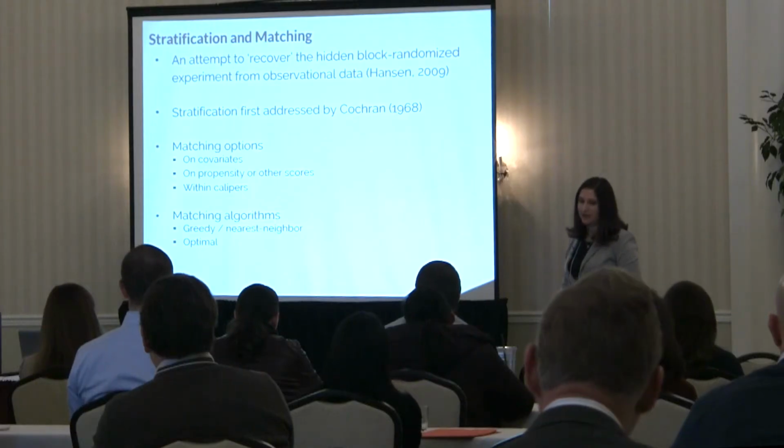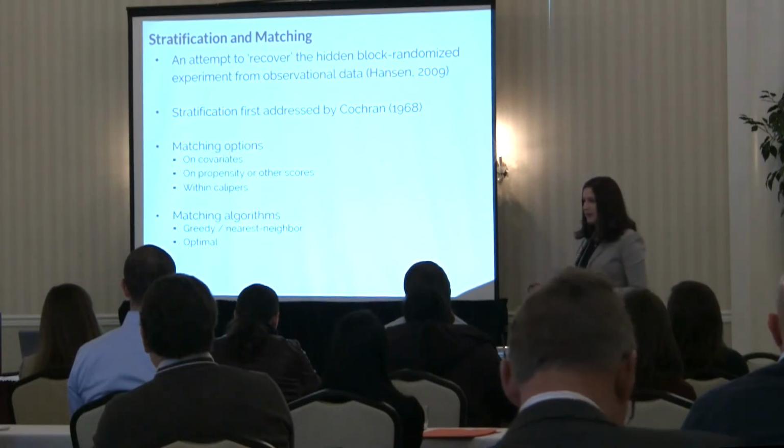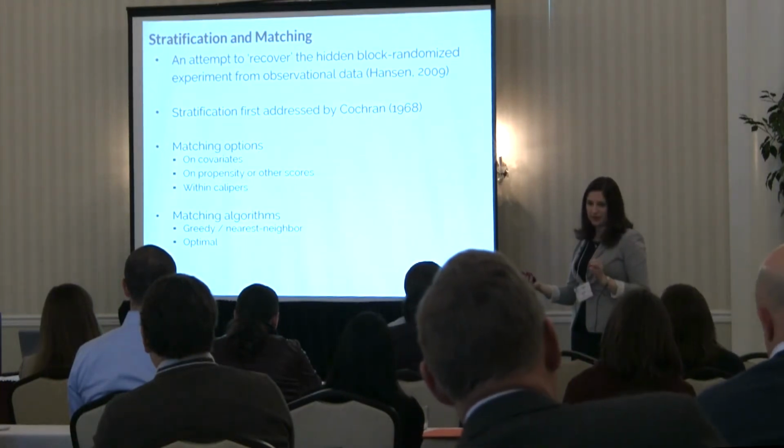That approach works fine in large studies. In a smaller study, you could use something that's called optimal matching, and in fact, there's a concept called optimal full matching that will match everybody up.